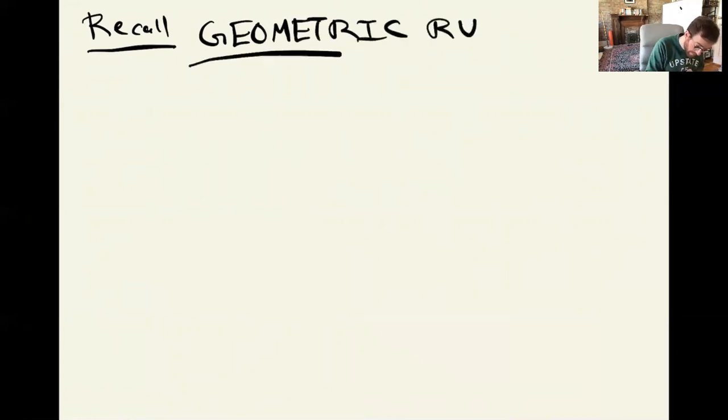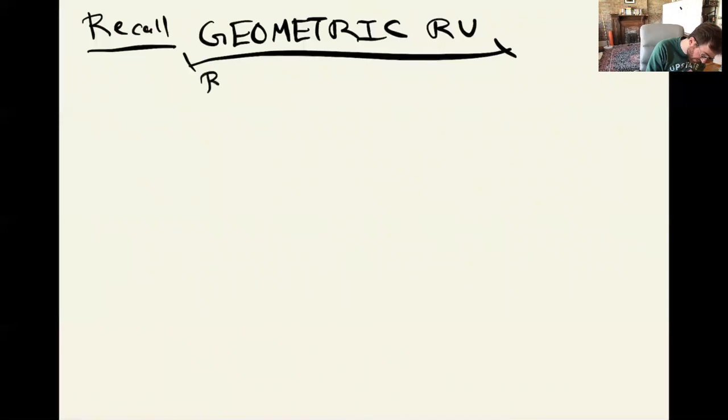All right, so let's also recall our other canonical distribution. And this is the geometric random variable. This is the thing that counts the number of tries required to reach your first success.